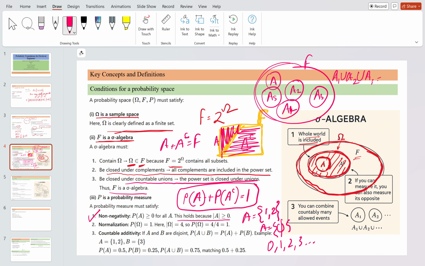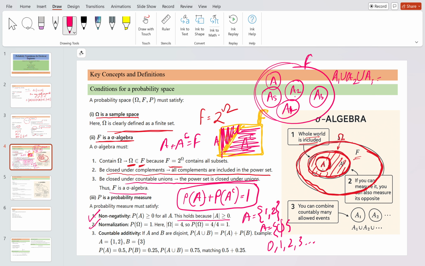The second concept is normalization. Normalization means when you're counting, suppose this is the set F having the subsets A1, A2, A3. The probability of finding the union of the single subsets, suppose I am considering A1, A2, A3, A4, A5: the probability of finding A1 plus the probability of finding A2 plus the probability of finding A3, and so on, up to the probability of finding the nth or last subset, is equal to 1.